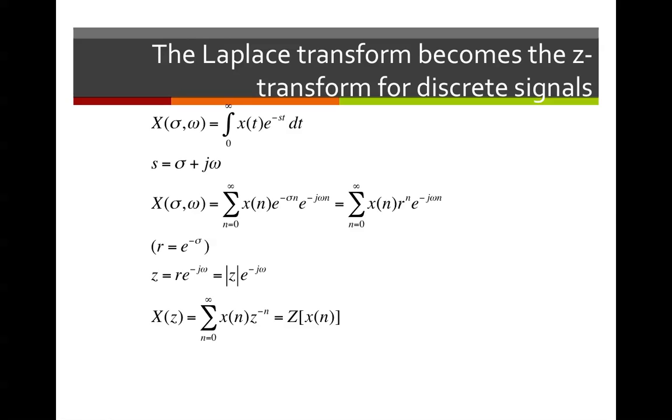So once we make that replacement, we have now eliminated sigma and j omega from our sum, and everything is in terms of z. So the transform, rather than becoming a transform in sigma and omega, becomes a transform in z. And it is, once again, a summation, and in this example it is single-sided.